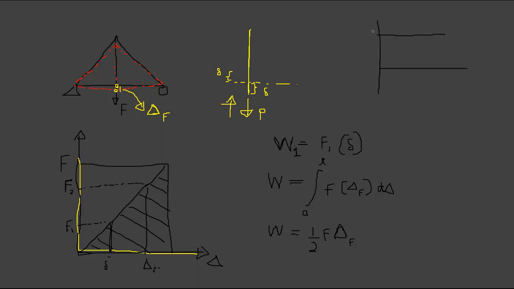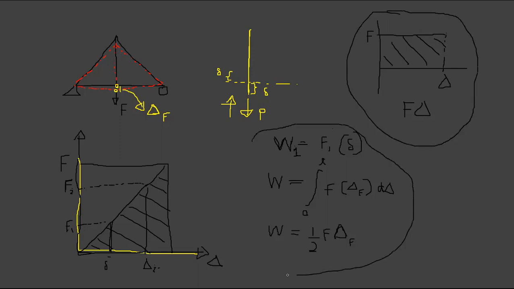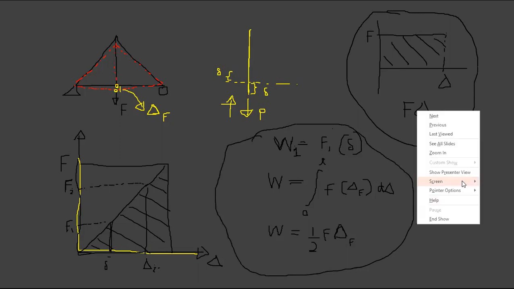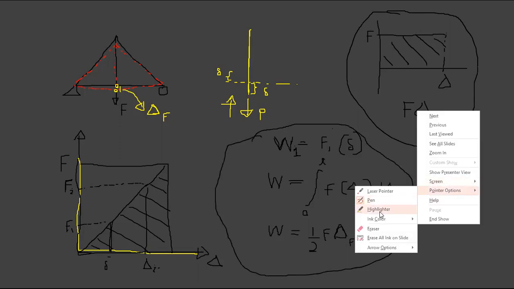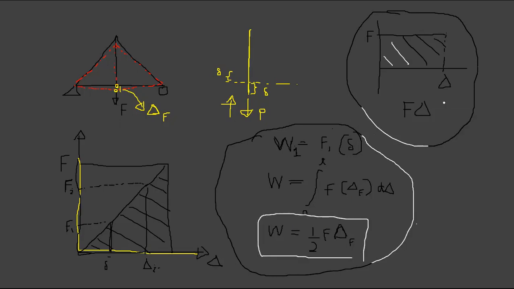You suddenly apply a force, so that means your work done is F into delta, right? These are different cases. When you suddenly increase the force, versus when you gradually increase the force, right? So know the difference, okay? So this is gradually, this is suddenly, right?